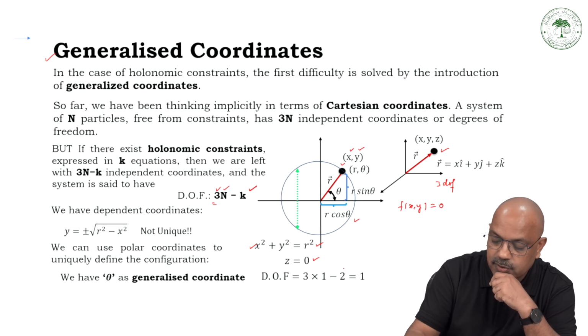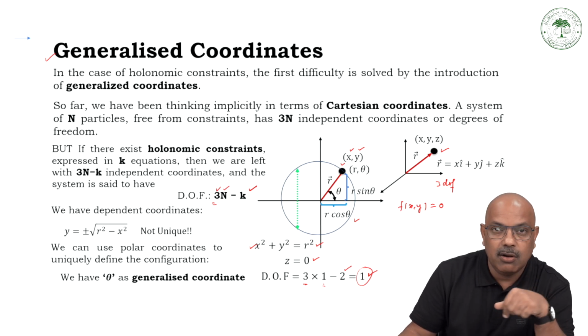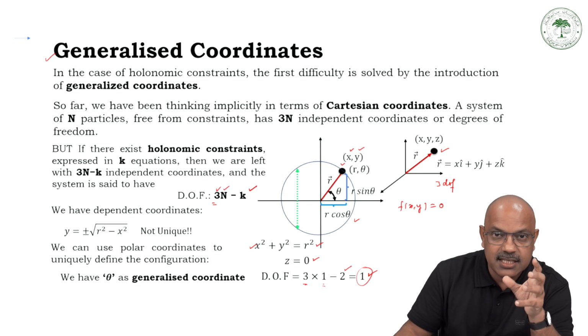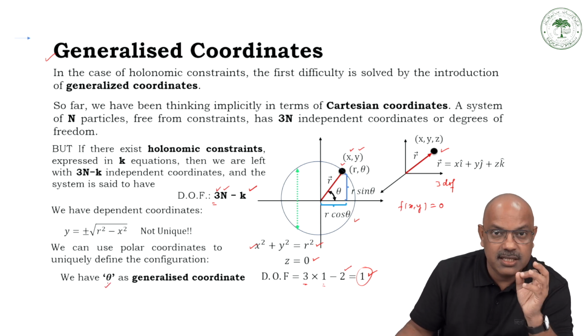So I have two constraint equations, and in 3 dimensions one particle is going to have 1 degree of freedom. It can only rotate along this axis, and that can be described by defining one independent coordinate, theta. So theta, in our case, is the generalized coordinate.